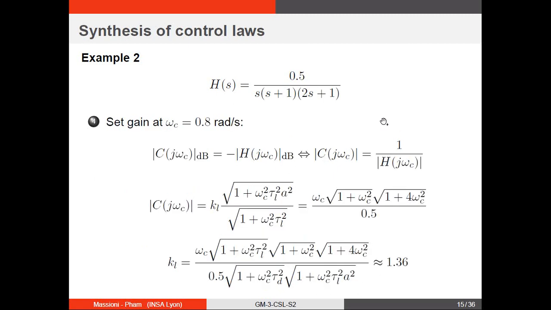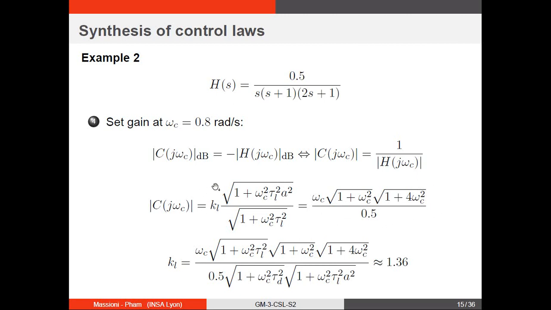To set KL, we again have to set the overall gain of the loop transfer function, so the gain of C plus the gain of H in dB, to be 0. So again, gain of C times gain of H equals 1, which brings us to this formula over here, which we can solve in the same way as before. This is the gain of H to the power minus 1.